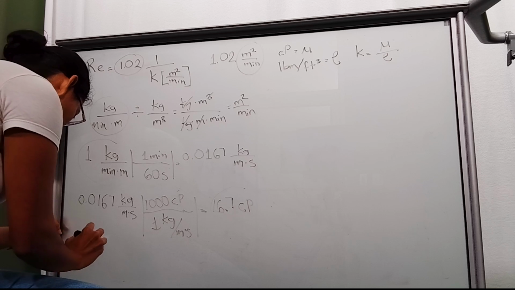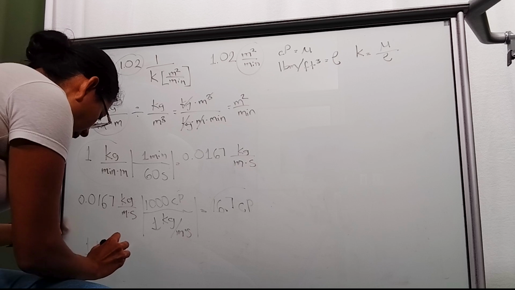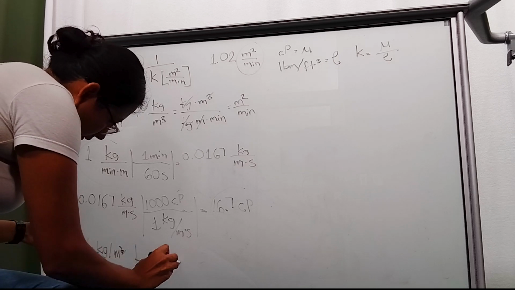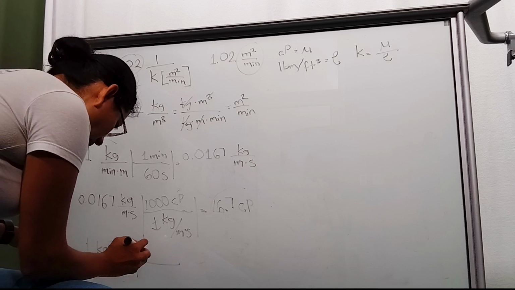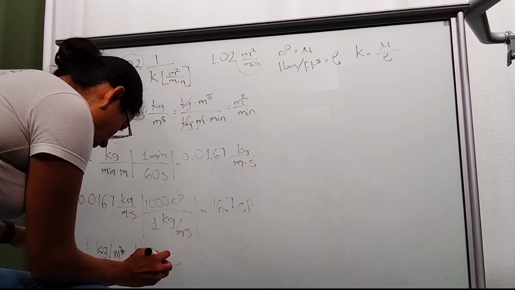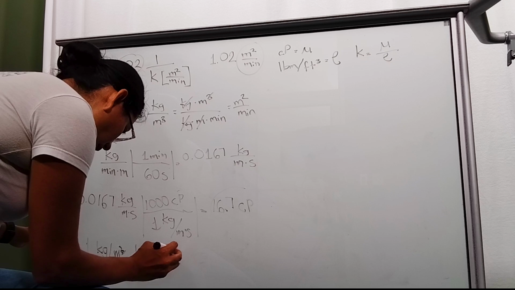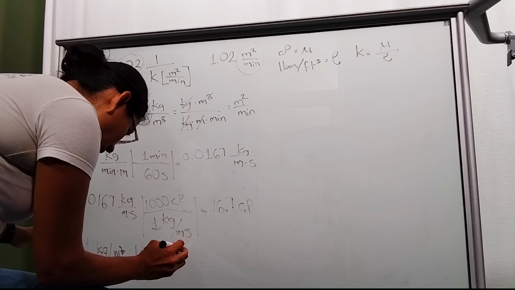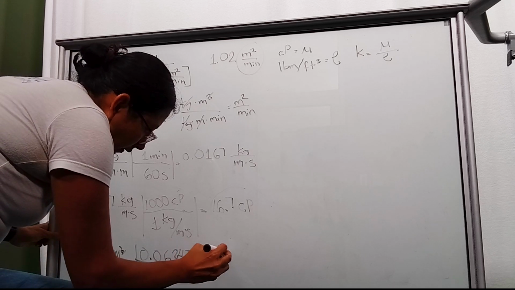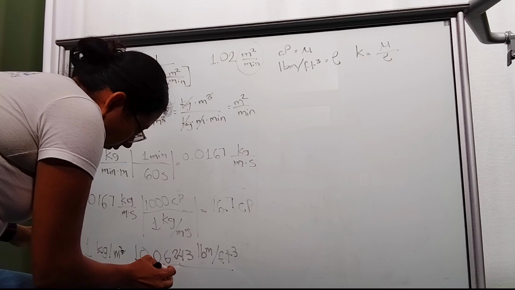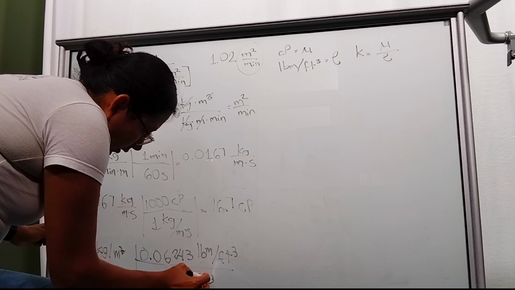So 1 kilogram per cubic meter, and multiply 0.0624 pounds per cubic feet, which is equal to 1 kilogram per cubic meter.